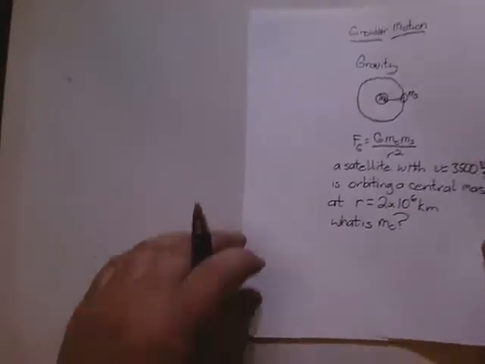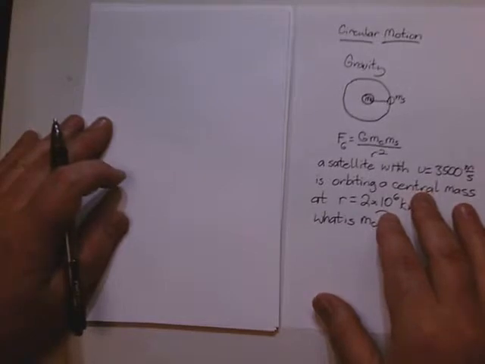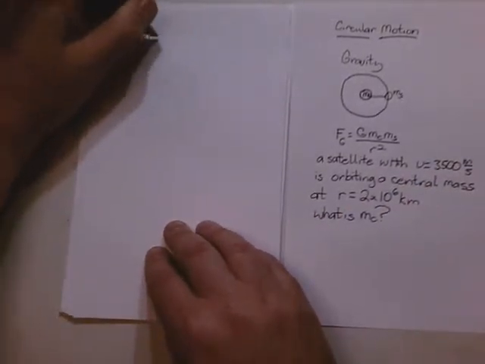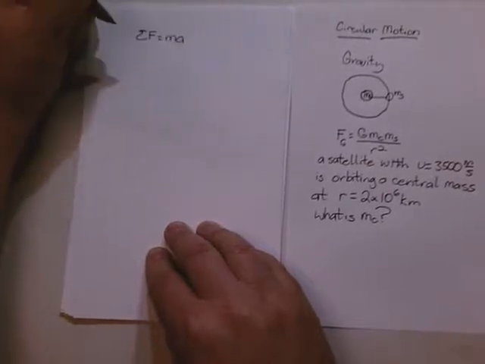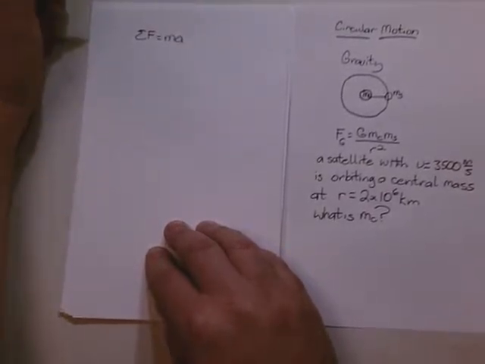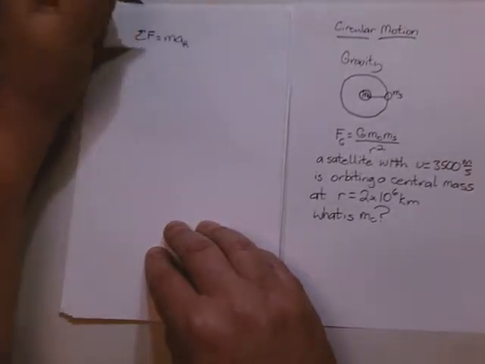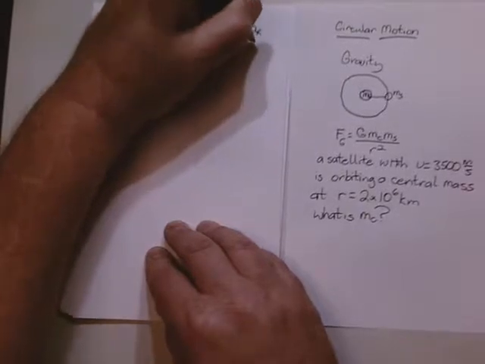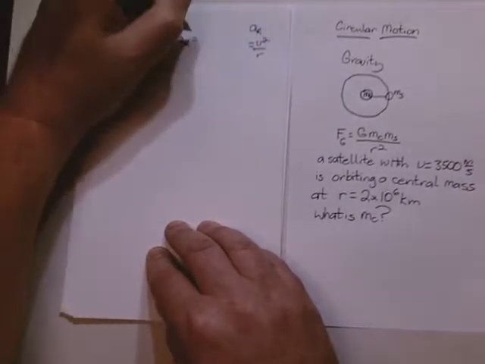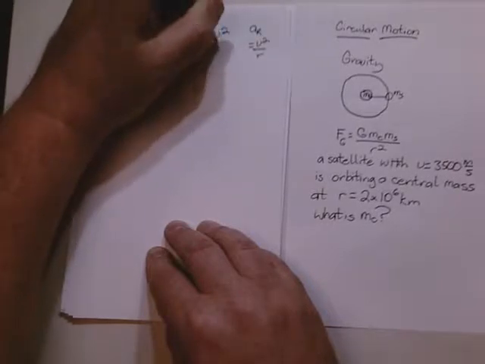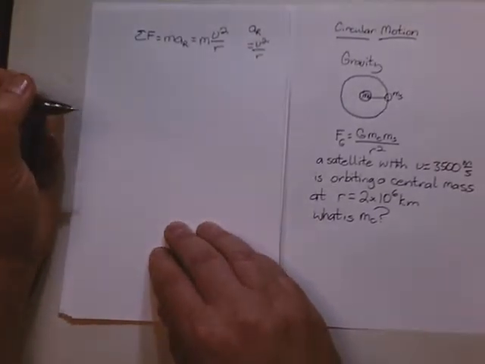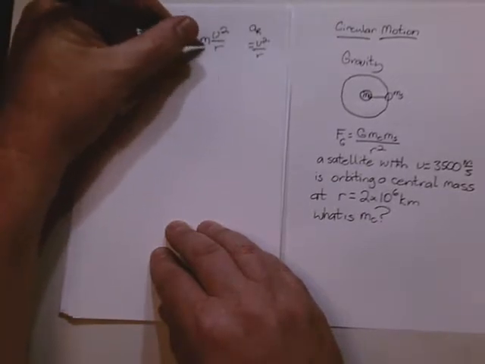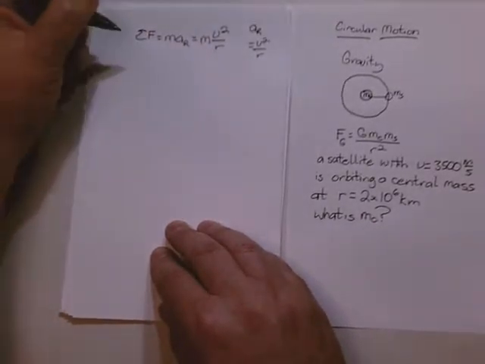Now in circular motion, Newton's second law reigns supreme, where the sum of the forces is equal to ma, and this particular a, because it's in circular motion, is radial. So radial acceleration is equal to v squared over r, so this is mv squared over r. So this is what the sum of the forces amounts to. Well, what's the force that we're dealing with?